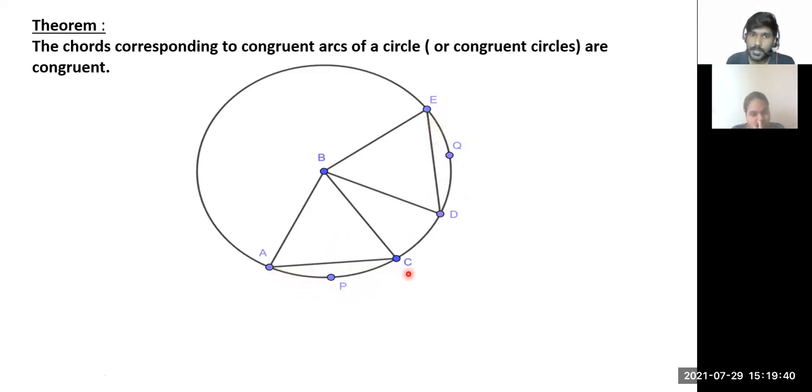Because these two arcs are congruent, the chords right in front of them, chord AC and chord ED, are also equal or congruent. Is this statement clear?